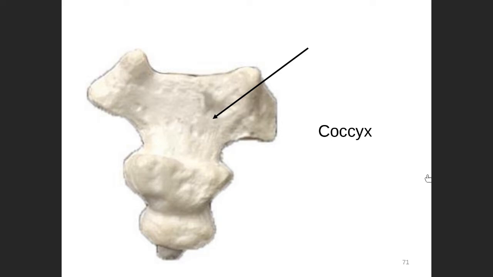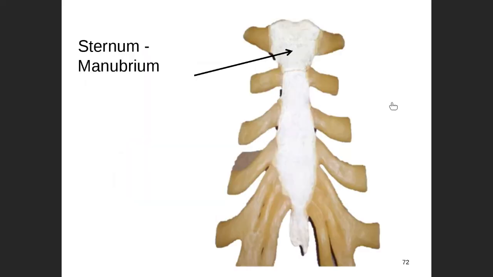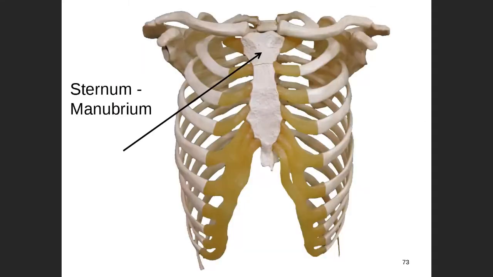Okay, let's do the ribs and your sternum. The sternum has three parts to it. This top superior part is the manubrium. Your first rib attaches on there, part of your second rib, and then your clavicles. Now we'll see it here in the whole thorax, the chest.